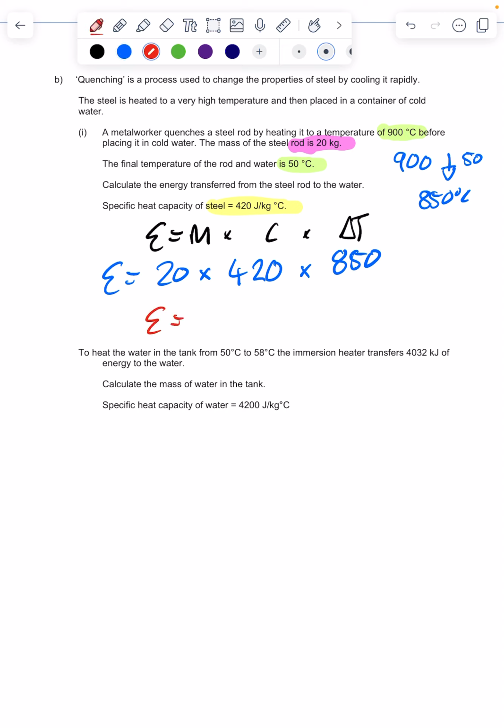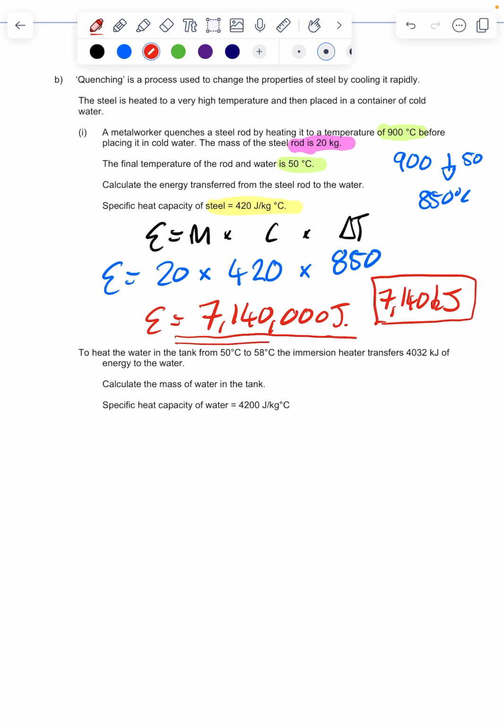We can just multiply 20 by 420 times 850, and we get an answer of 7,140,000 joules, or of course 7,140 kilojoules. Always practice your conversions where possible, but in this case, this answer is more than acceptable.